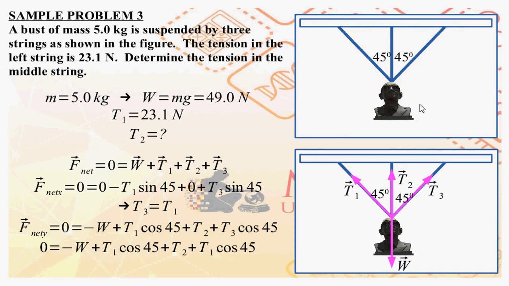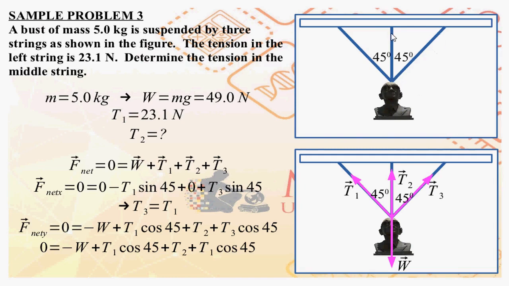the figure. And you have 3 strings, so let the left one be string 1, the middle one be string 2, and the right one be string 3. So you have a bust suspended by string 1, string 2, string 3.